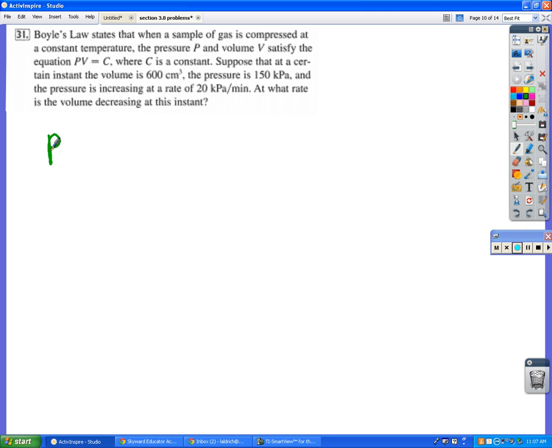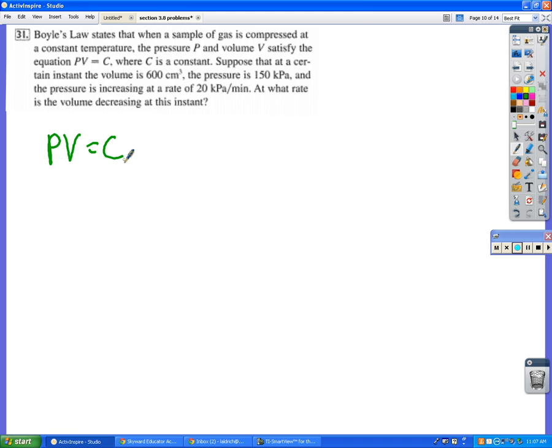Okay, PV equals C. So they give us the equation right there. Now the fun part here is that we need to use the product rule, because these are two variables and they're being multiplied together.